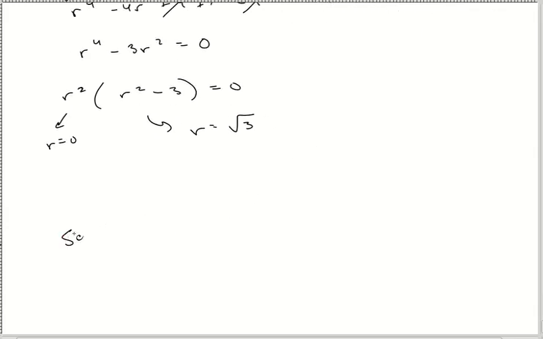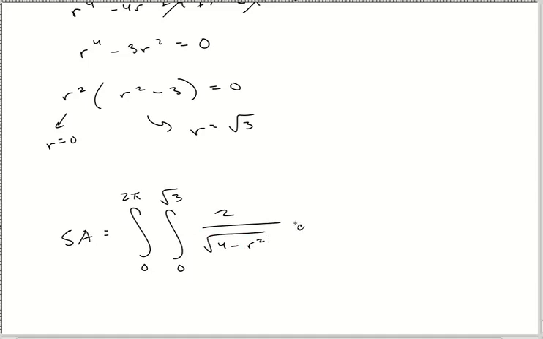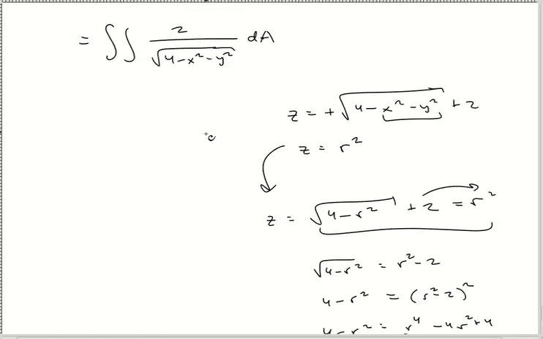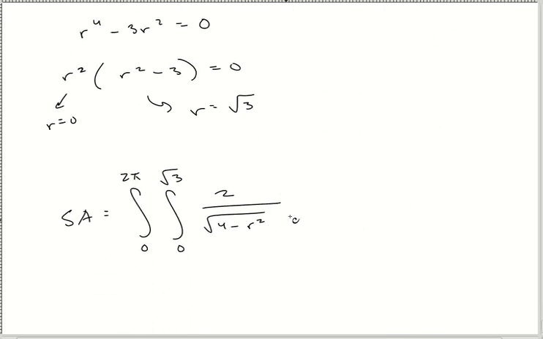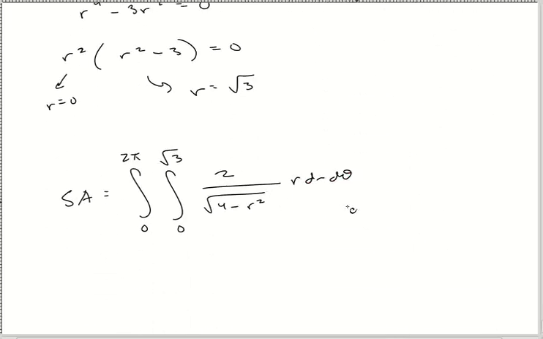So now back to my integral. It's a full circle, 0 to 2 pi. My radius is going to be from 0 to square root 3 of 2 over the square root of 4 minus r squared. If you go back up to my surface area formula here, notice again that's r squared, right? And then my requisite r dr d theta.